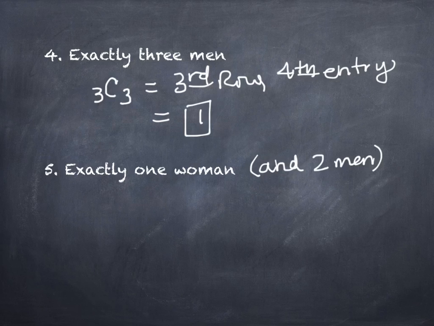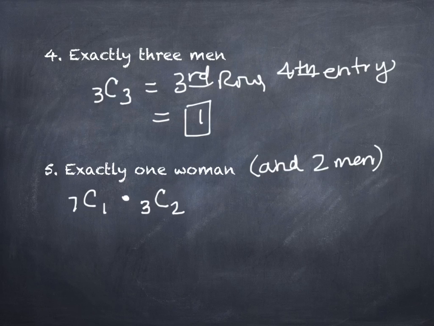So let's first talk about the woman. These are 2 parts to the same problem. First, the woman. How do I pick the woman? That's 7C1. And this is multiplied by the next part. How do I pick the man? That is 3C2. Yes. 3 men to pick from, and I choose 2 of them.